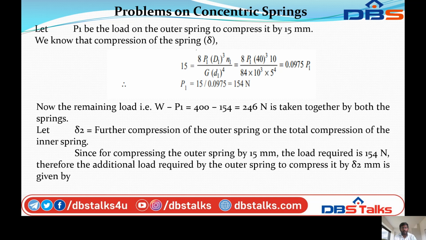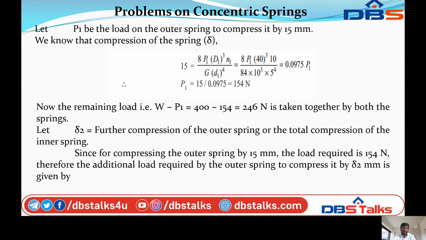Now the remaining load, W minus P1, is equal to 400 minus 154, that is equal to 246 Newton, which is taken together by both the springs. Let delta 2 be the further compression of the outer spring, or the total compression of the inner spring.